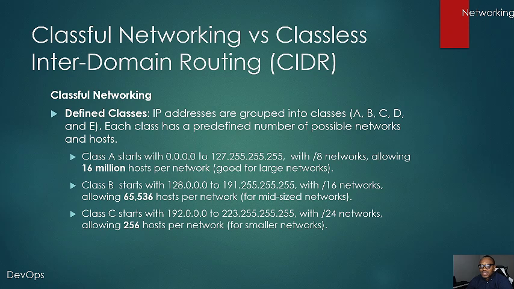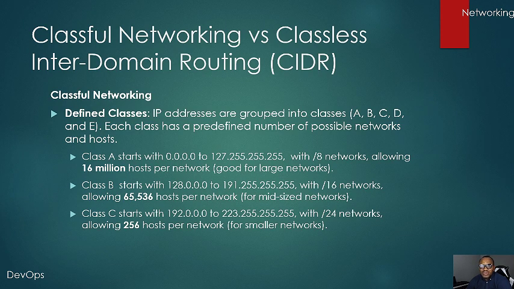Classful networking. In my last video we discussed the various classes of IPv4 addresses that we have. We know that a class A IP address has a subnet mask of /8 and has about 16.7 million hosts per network, and we know that a class B IP address uses a subnet mask of /16 and has about 65,536 hosts per network.